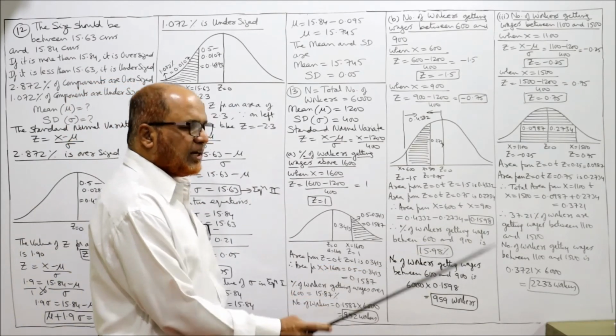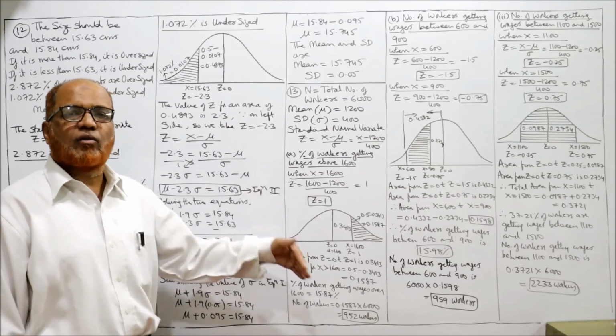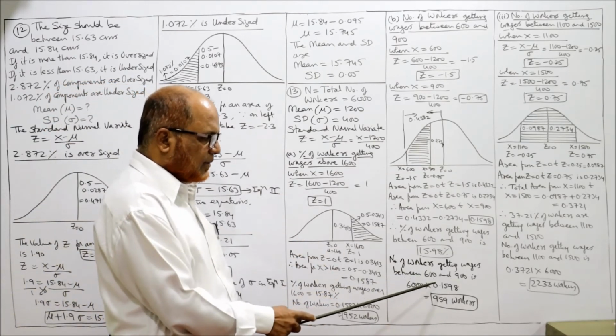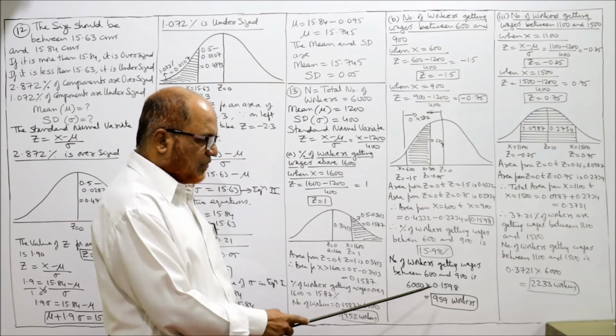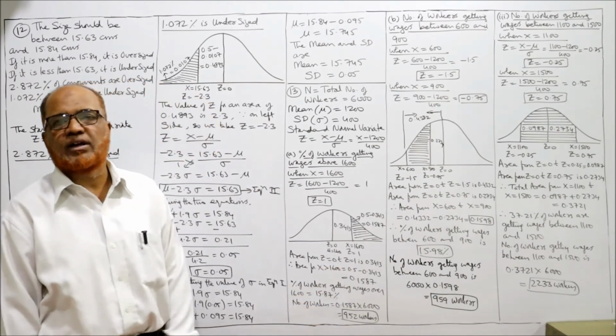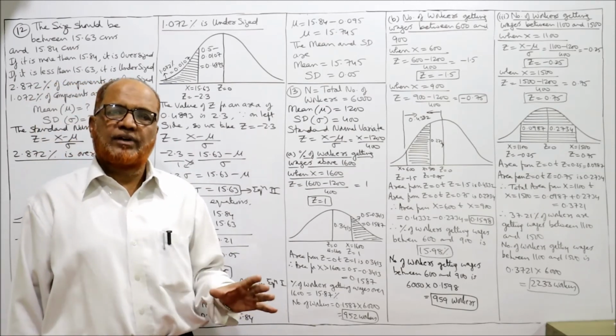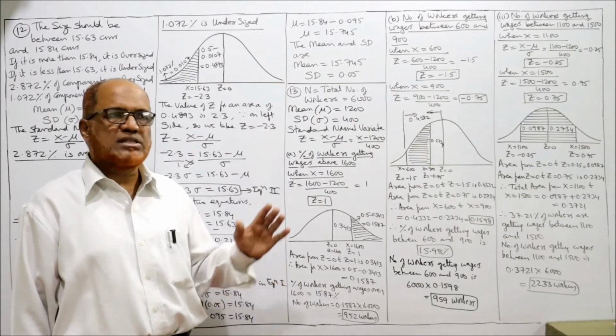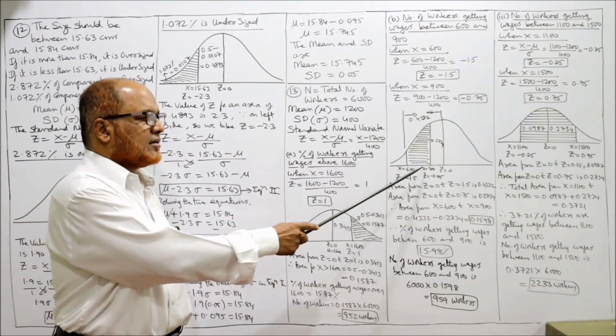Now for the number of workers, 6,000 total workers into 0.1598, you will get 959 workers. So 959 workers are expected to get wages between 600 and 900.